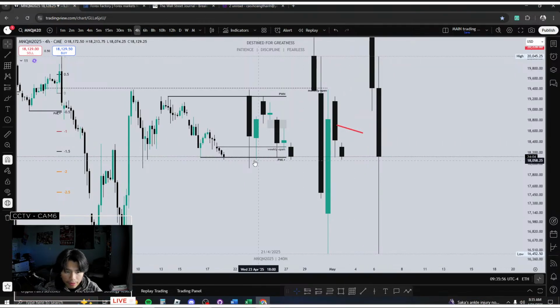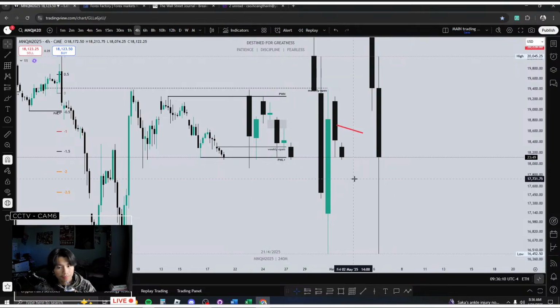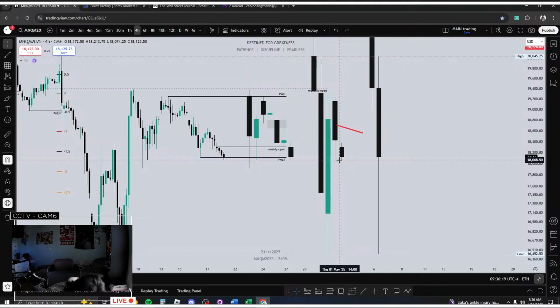Once we opened up on Sunday, we took out the daily low from Friday's trading last week, continued to drift lower, and ended up taking out the previous week's low, which was the weekly objective for the week.